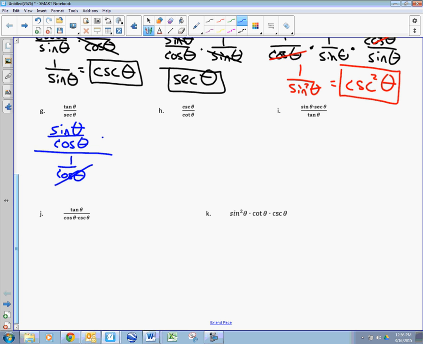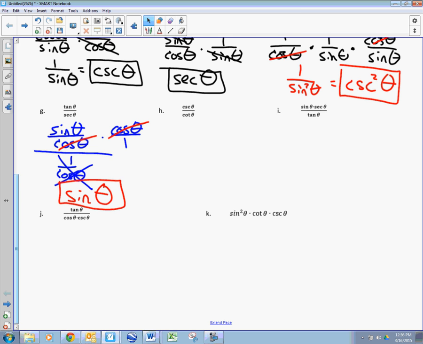So I'm going to multiply by the reciprocal. As I multiply by the reciprocal, what happens? Cosines cancel. I'm left with sine of theta.